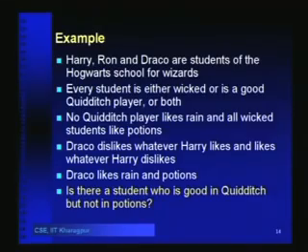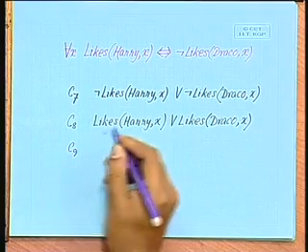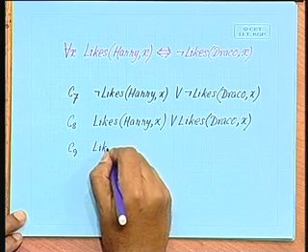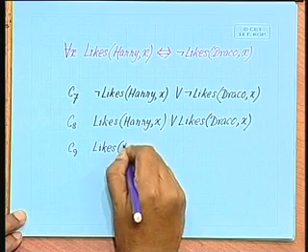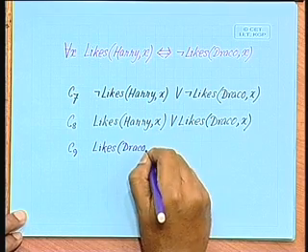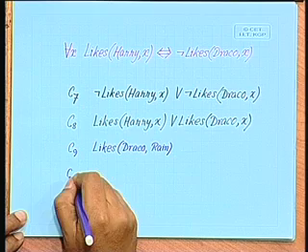Then finally, we have Draco likes rain and potions. That is going to give us another two clauses, C9 which says likes, and C10.